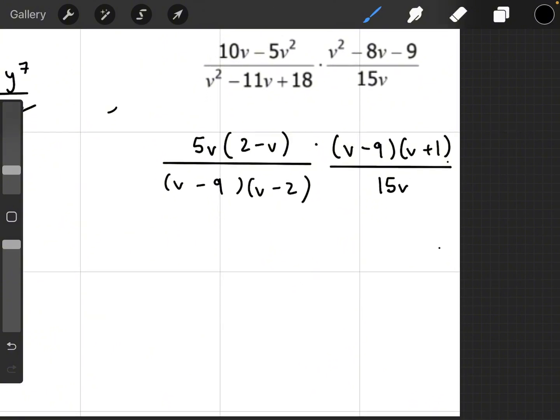Now we can simplify and cross out any shared binomials. So v minus 9 and v minus 9 here will cancel out. 5 goes into 15 3 times, so I have 3 and 1.